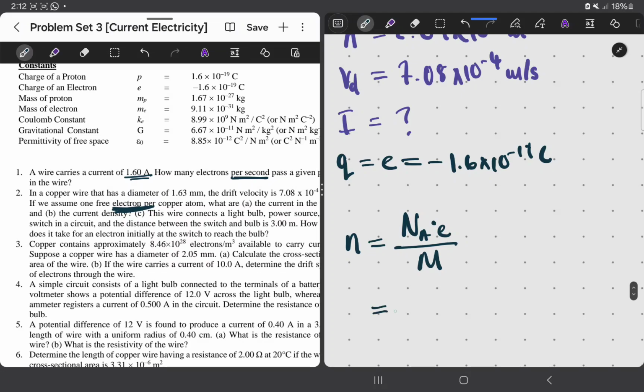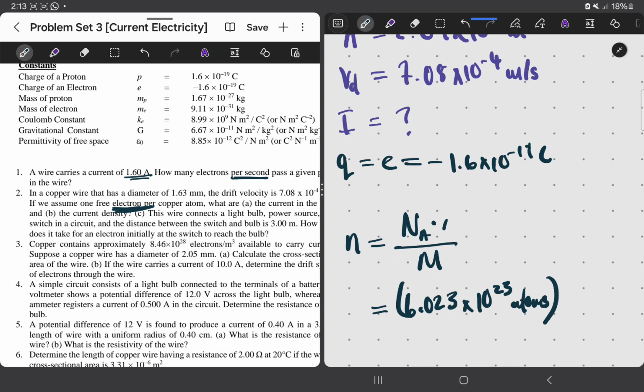So what is Avogadro's number? We can say it is 6.023 times 10 to the power 23 atoms. Then what are we going to multiply by? I should fix this here. It's a density, not the charge of an electron.